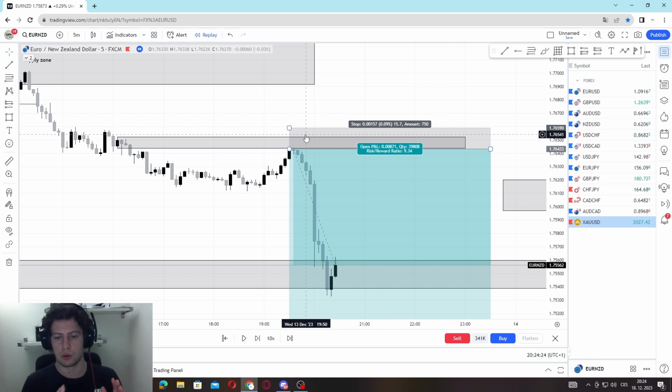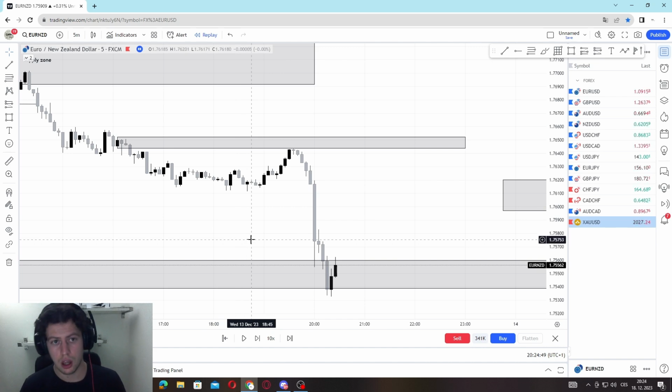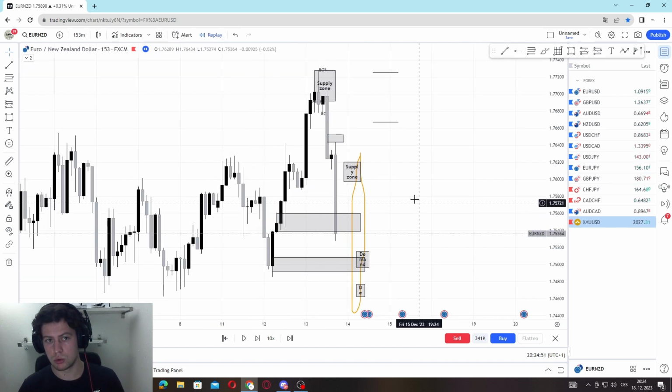For example, 1 hour combined with 15-minute entry or 5-minute entry with refined order blocks, and only trade with the trend with this strategy, because you can target 1 hour or 4 hour zones, and you will have bigger risk to reward ratios. So this would be the strategy I want to show.